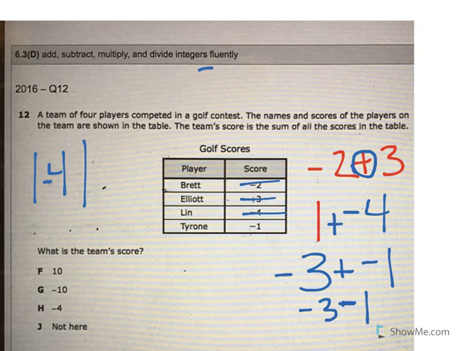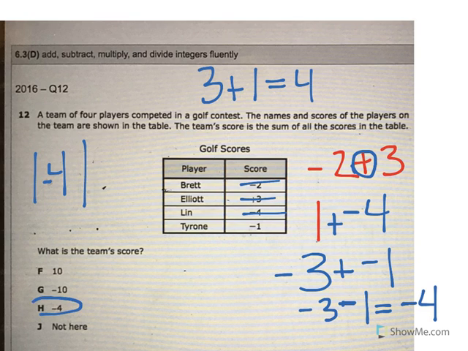If they were both positive, you would add them up and your answer would be positive. If they're both negative, you add them up. Your answer is, oh, not negative 3. Nope. Your answer would be negative 4. Let's see, is there an option with negative 4? Winner, winner, chicken dinner. So the answer is H.